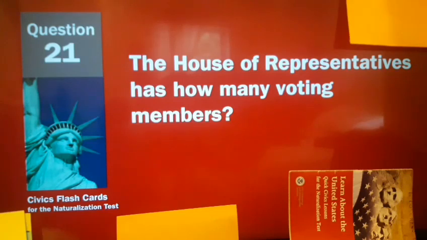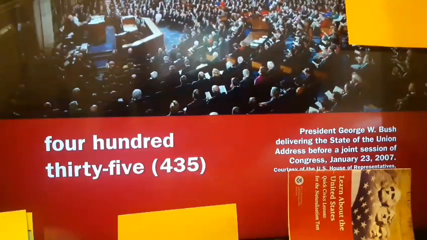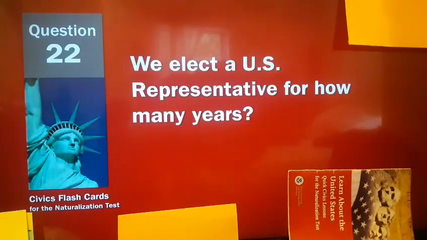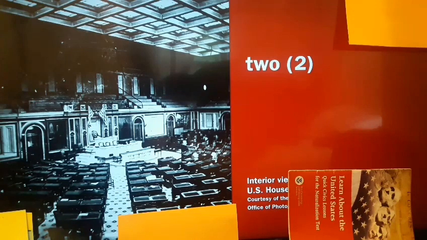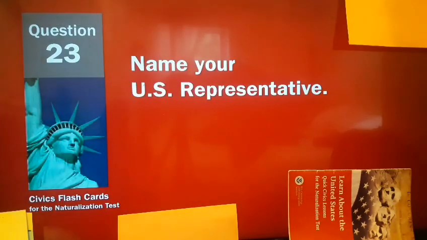The House of Representatives has how many voting members? 435. We elect a U.S. representative for how many years? 2. Name your U.S. representative.